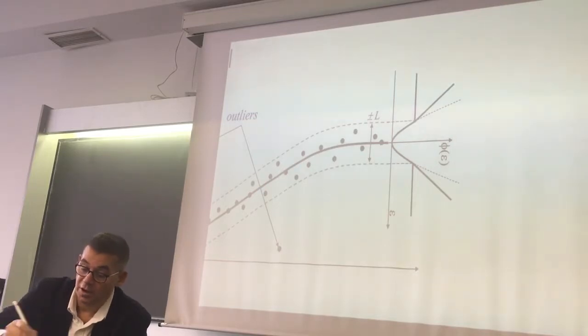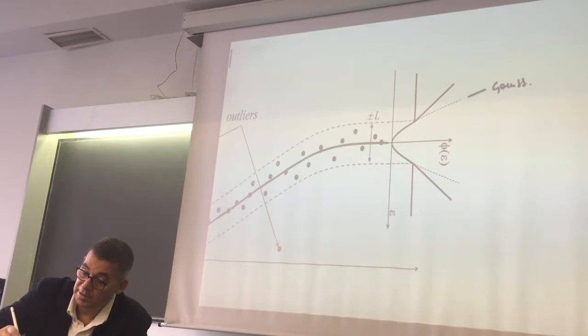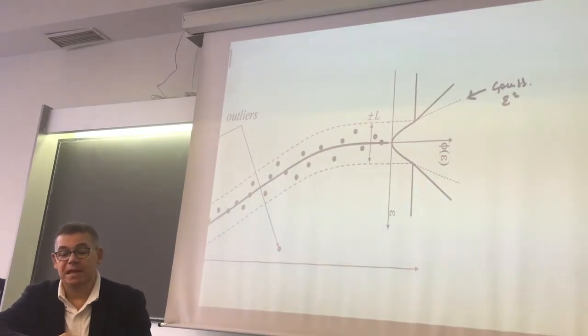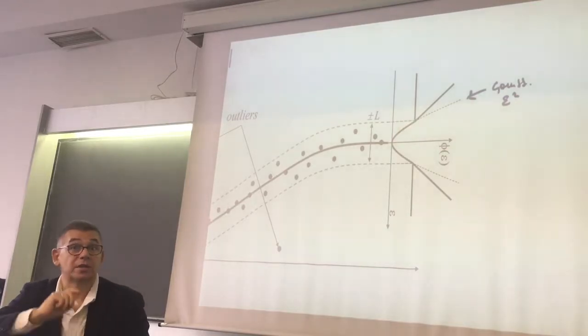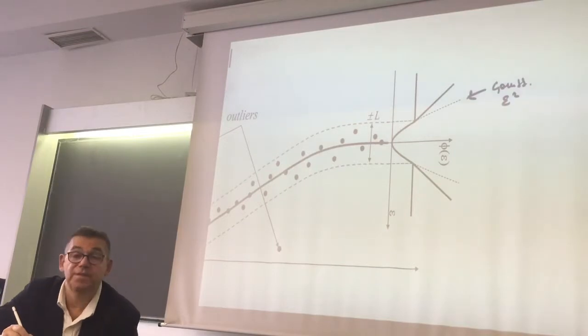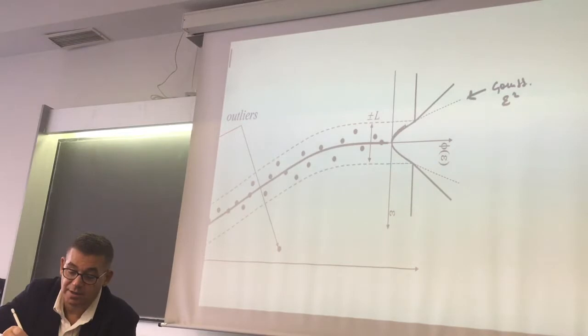So if Gaussian, the penalty is quadratic. But if I have a big outlier, what I can do is saturate the error. Another option is that if my error is very big, then I simply saturate its value.